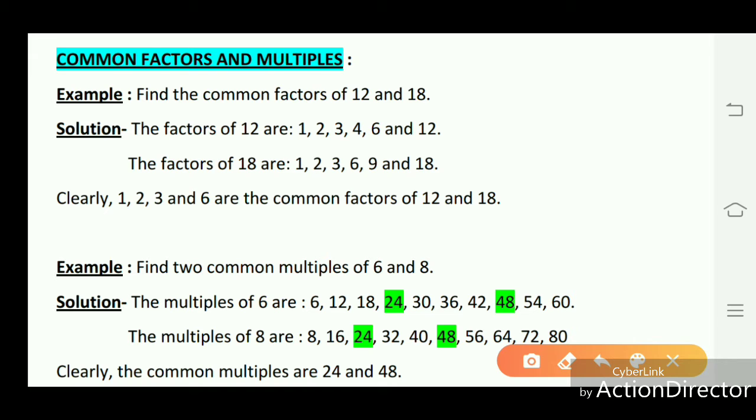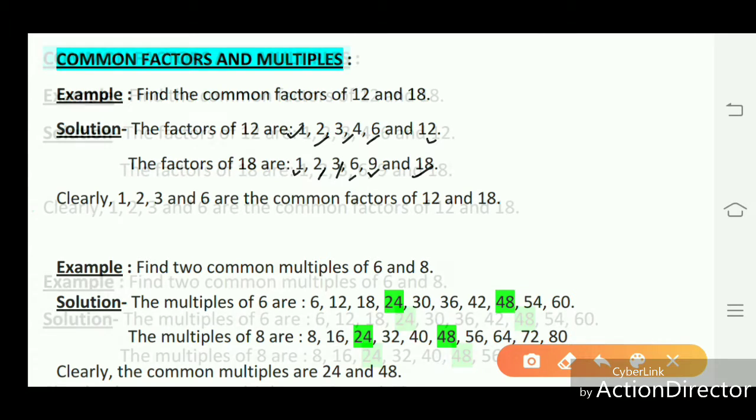So the factors of 12 are 1, 2, 3, 4, 6 and 12. And the factors of 18 are 1, 2, 3, 6, 9 and 18.